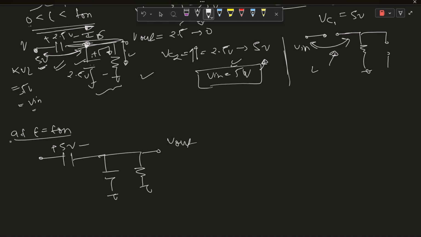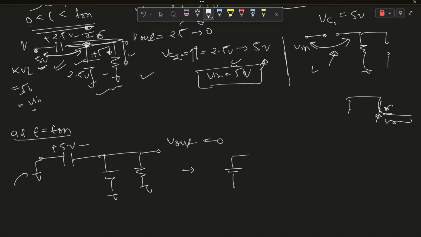This is 0 volt. When the pulse reaches this time, we can see V out is 0. But on the other hand, the input changes to 0 volt. This is the 0 volt time frame.